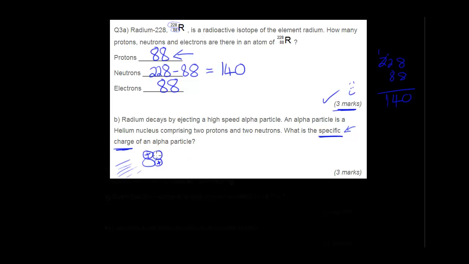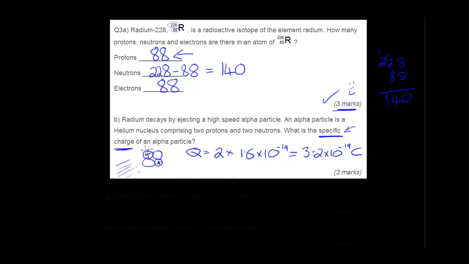The charge, Q being the symbol most often used for charge, is 2 lots of 1.6 times 10 to the minus 19 coulombs, because the charge on each proton is 1.6 times 10 to the minus 19. Get that from your formula sheet. So that is 3.2 times 10 to the minus 19 coulombs.